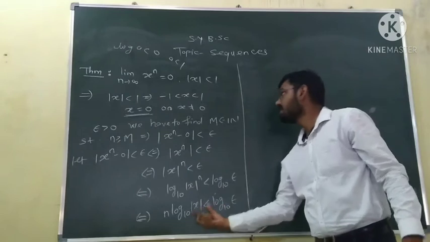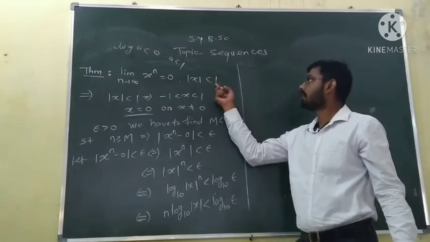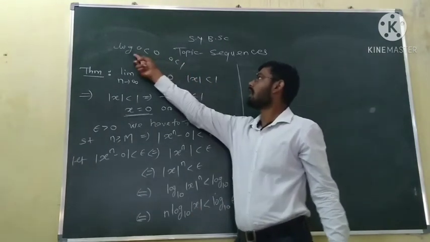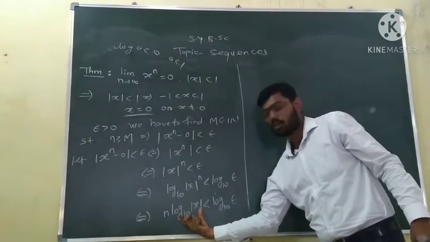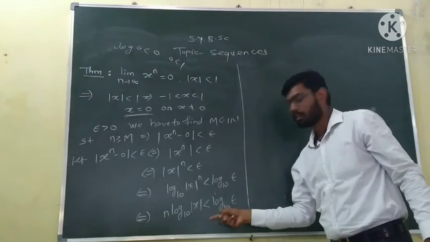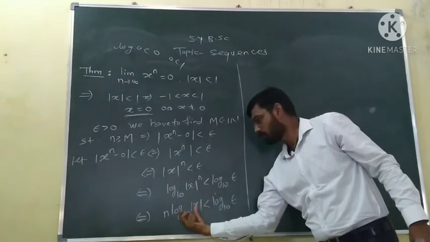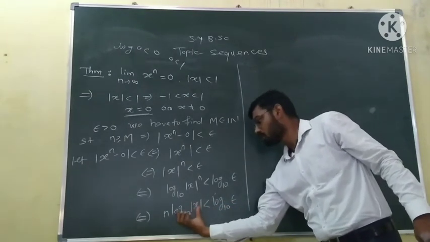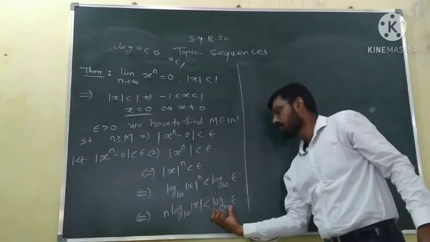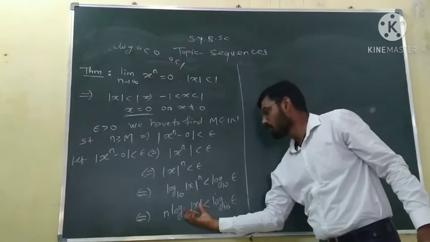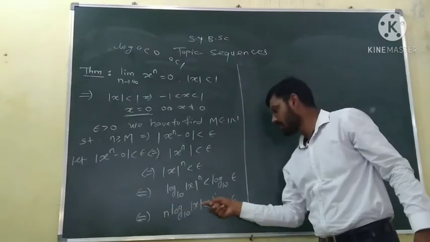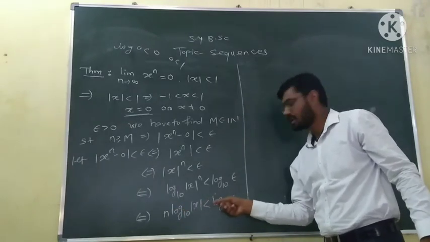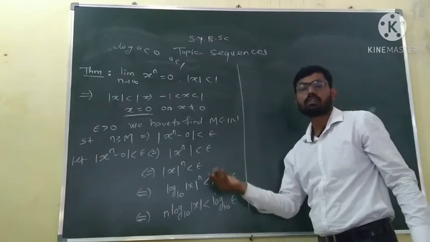Here the value of mod x is less than 1, so log of mod x is less than 0. So this is negative, and here we have to change the sign. Since this number is negative, and previously this was less than this, the inequality, that is less than, must be changed to greater than.